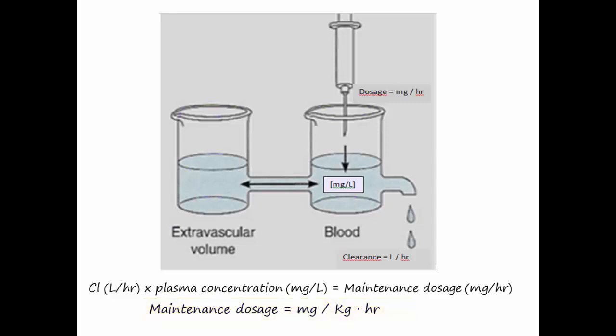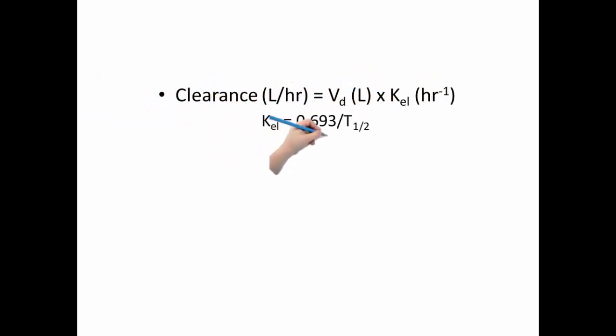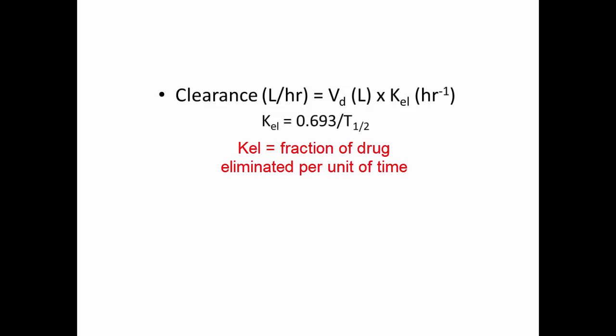Now, a simple way to calculate the clearance of a drug, which is typically not provided in most formularies, is by multiplying the volume of distribution by the elimination constant. And the elimination constant is the fraction of the drug which is eliminated in a given time.